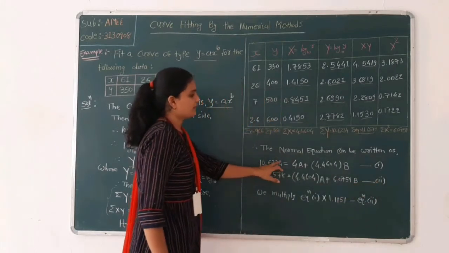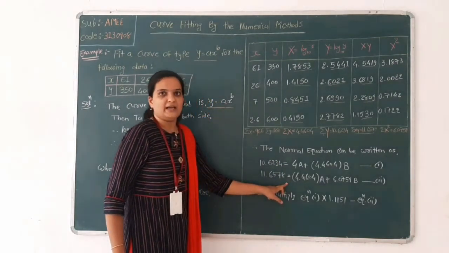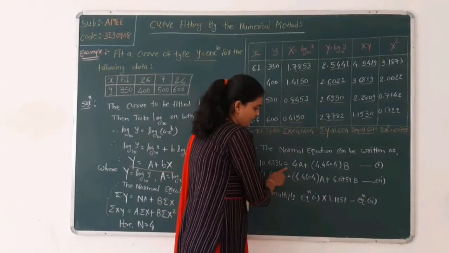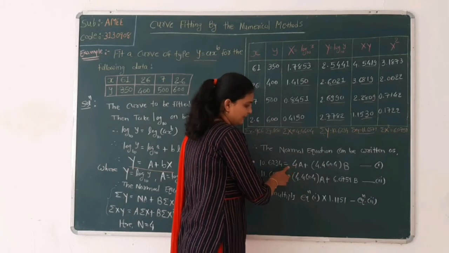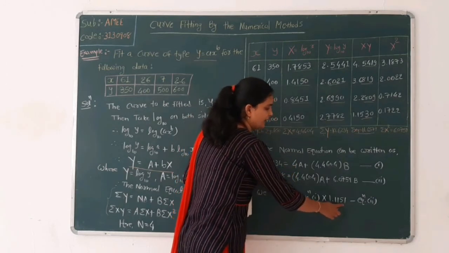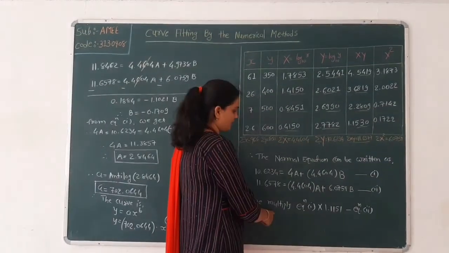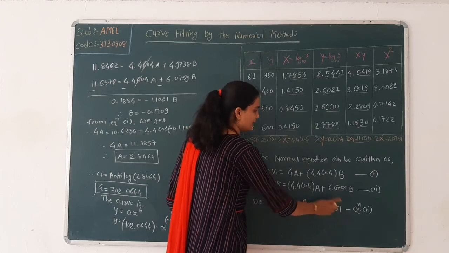Now from equation 1 and 2, we use the elimination method and solve both the equations. So from the elimination method, we take equation 1 multiplied by 1.1151 minus equation number 2. Now we multiply equation 1 by 1.1151.